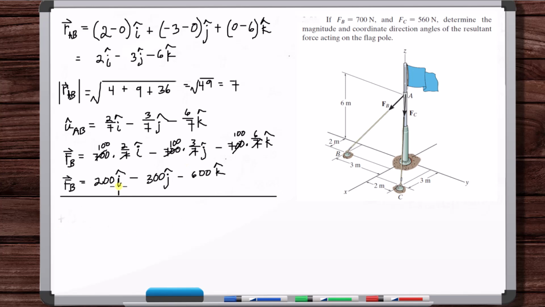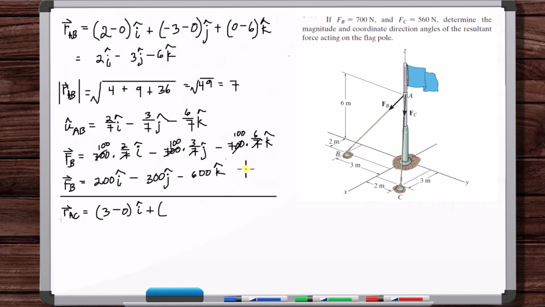All right. Now let's do the exact same thing to get FC. So what is RAC? XC minus XA: XC is 3, and XA is 0.